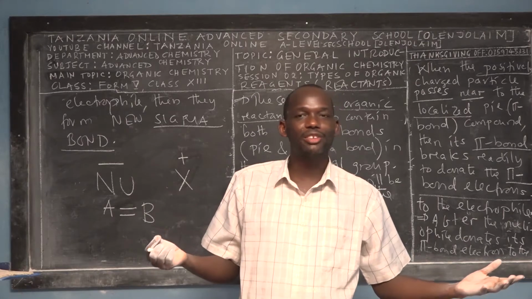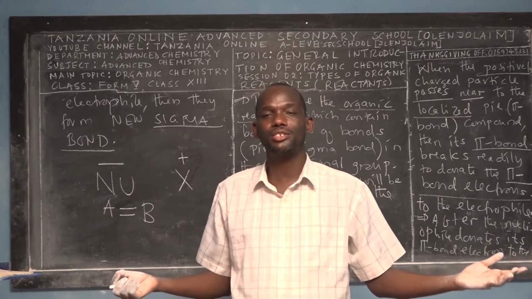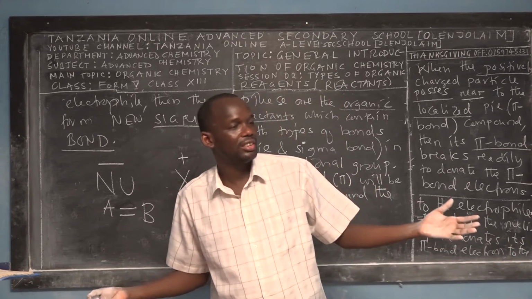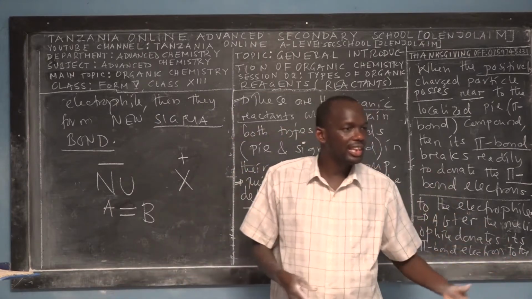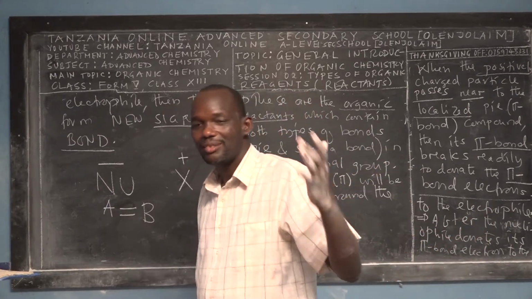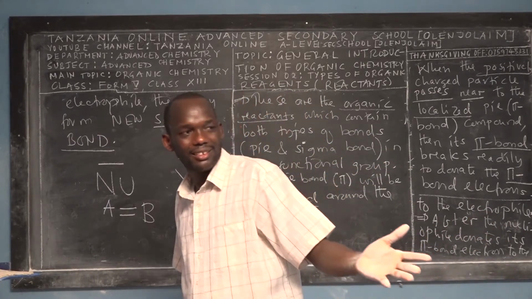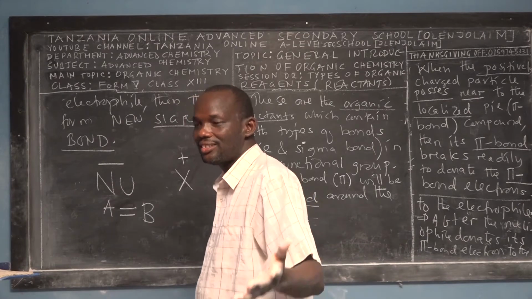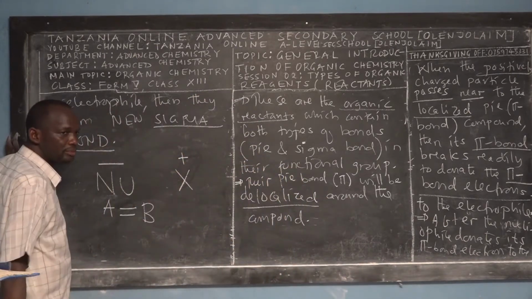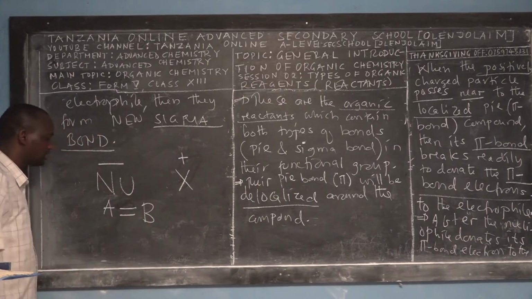Pi bond. Now if I ask you for examples of compounds which contain sigma and pi bonds, you begin from what? Alkene. How many examples of alkene do you know? Many. Ethene, right? Propene. So you have a lot.